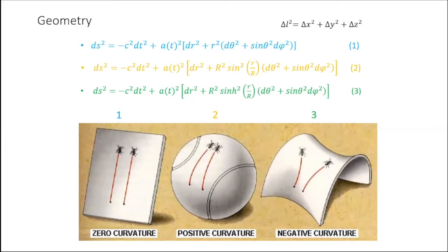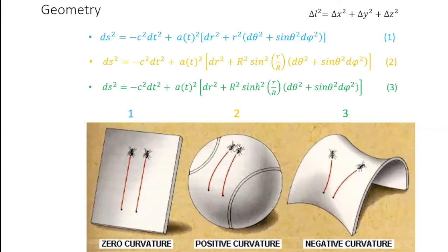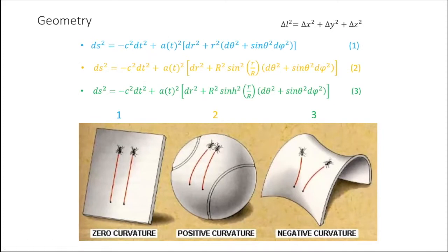So these three formulations of line elements give the distance between two very nearby objects in three very different geometries. The first one, the blue one, is the flat geometry, and it could be quasi-flat, but it is something that people perceive as being flat. Second is what we call a closed geometry, or with positive curvature, and you often associate that with a sphere or with a ball.